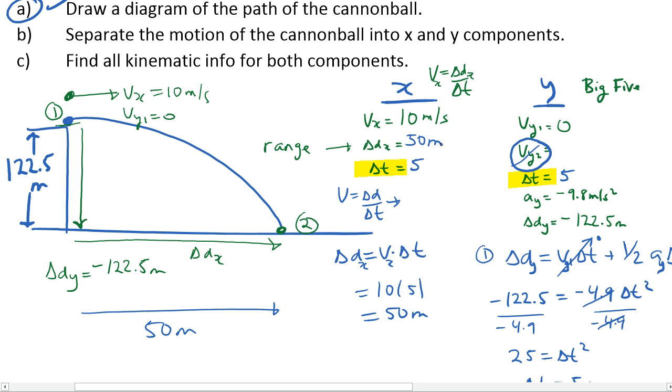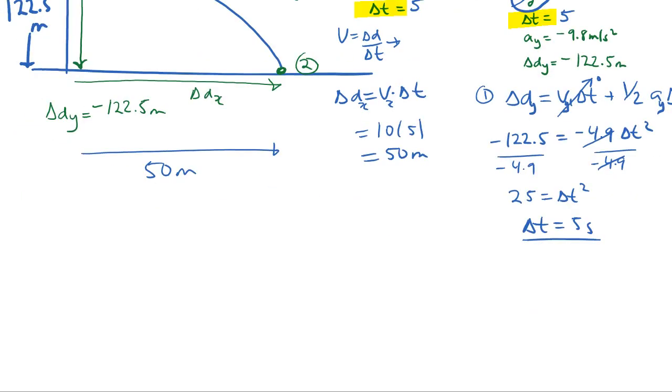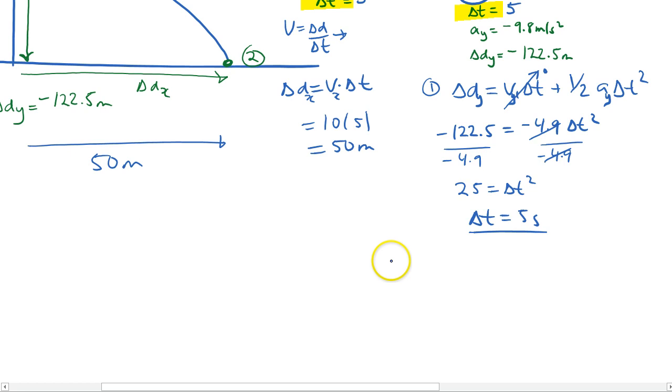Okay, is there anything else? It says find all kinematic information. Well, we've figured out all these things. The only one left is the vy2. If we're going to figure out the vy2, we can use the equation where v2 is equal to v1 plus a delta t.